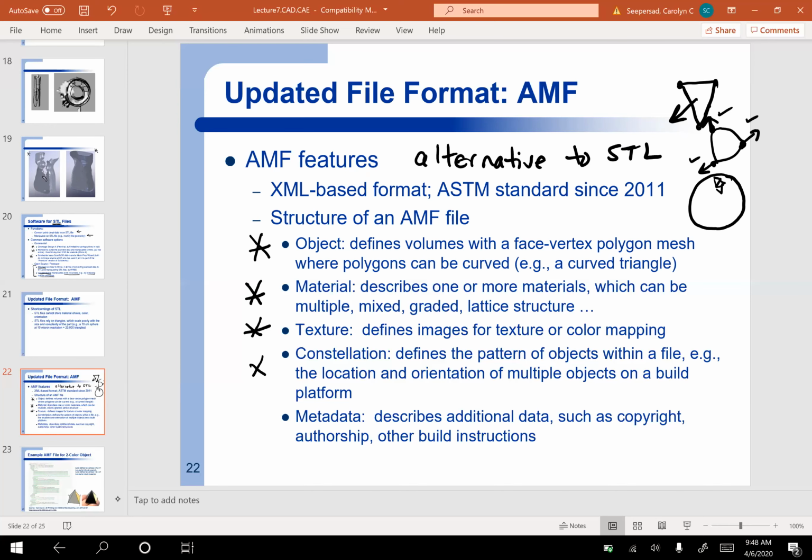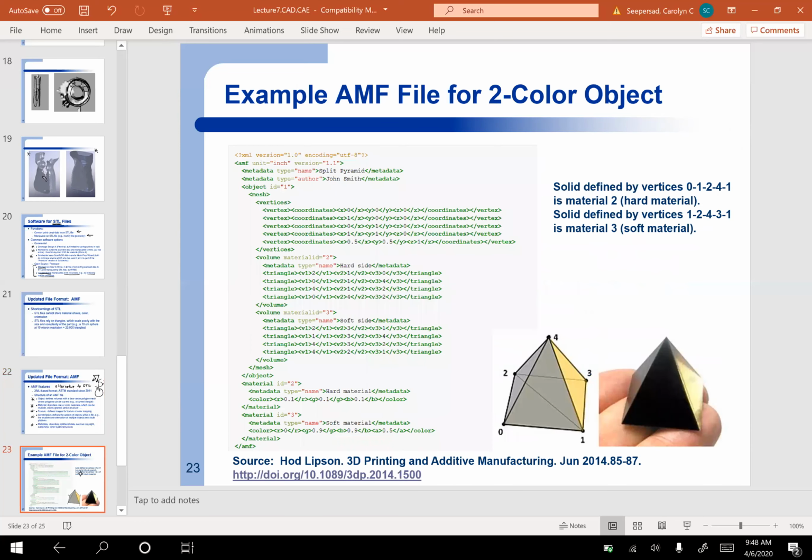You can define what are called constellations, which are pretty cool because that's the pattern of objects within a file. So you can take multiple objects and locate them and orient them on the build platform. You can also add other metadata to the file, like copyright information, authorship, and other build instructions and things like that. So let's take a look at an AMF file and see what it looks like.